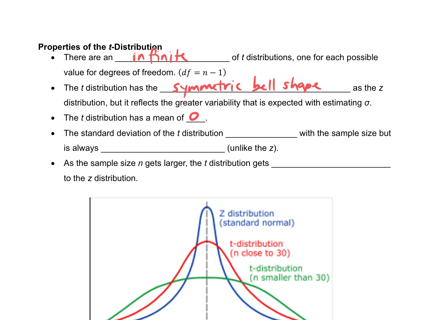The big difference is that the standard deviation varies with the sample size, but it will always be greater than 1, which is unlike the Z distribution. Z table, your standard deviation is 1. T table, it's going to vary. As the sample size gets larger, the T distribution gets closer to the Z distribution.